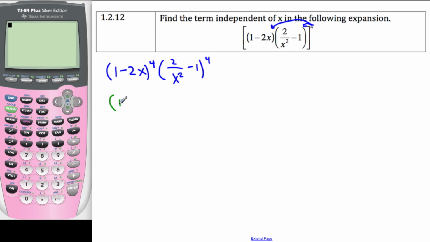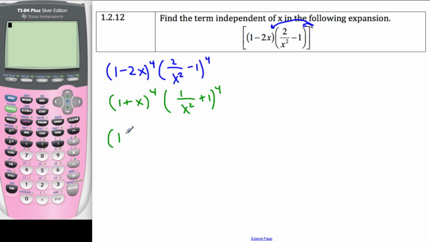I'm just going to pretend that this expansion is (1 plus x) to the fourth, and this one is (1 over x squared plus 1) to the fourth. That way I'm just dealing with the variable and its exponent. So then we can see when the independent term happens, and then we'll go back and fill in the numbers.